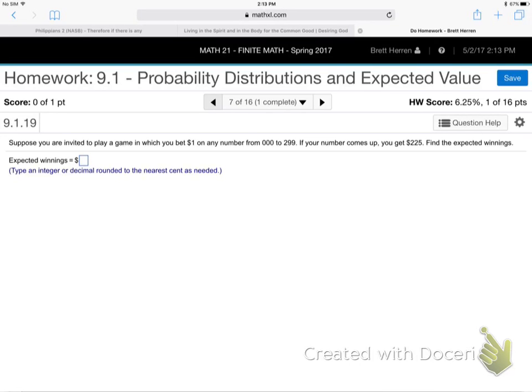Okay, suppose you're invited to play a game in which you bet $1 on any number from 000 to 299. If your number comes up, you get 225 bucks. Find the expected winnings.